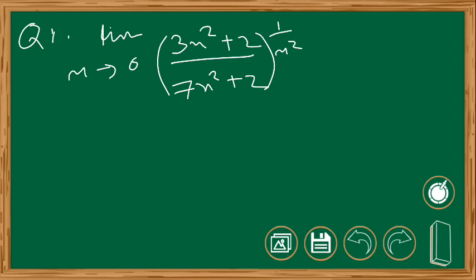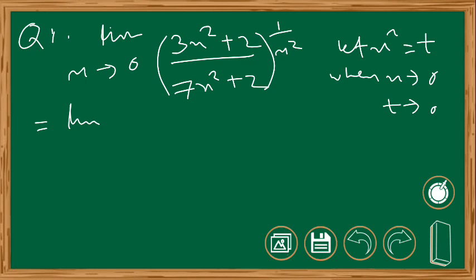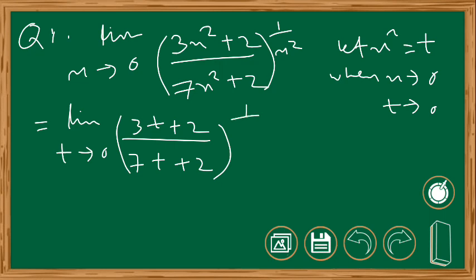First thing is I will let x² equal t, and when x tends to 0, our t also tends to 0. So my limit is converted like this: limit t tends to 0, this is ((3t + 2) divided by (7t + 2)) raised to the power 1 divided by t, right?